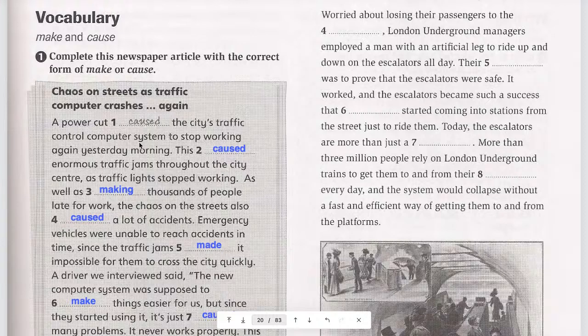Remember last time I wrote something like this? Caused plus a noun or an adjective and then plus a noun. After that we need to use a noun and adjective with a noun. After make, we use a noun or pronoun plus adjective, right?